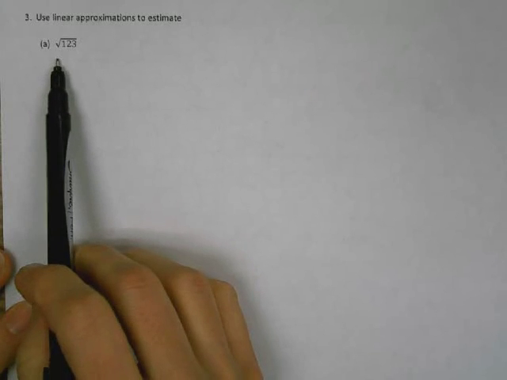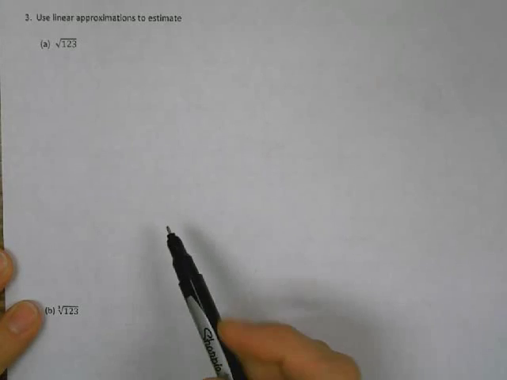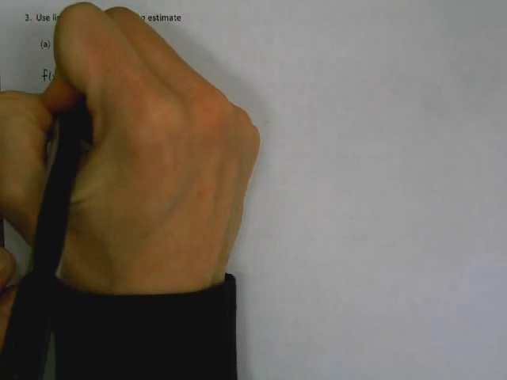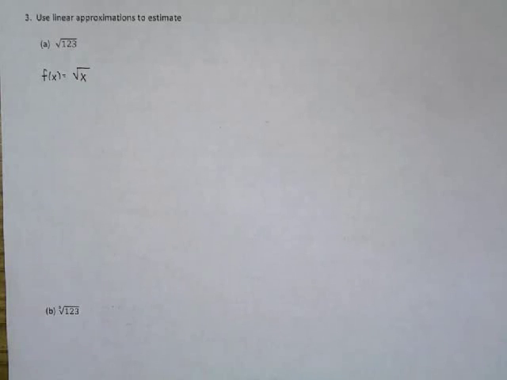So the first thing I need is a function. If I look, obviously I'm dealing with a square root here. So my function, my f of x, is just going to be square root of x. Now, I need to find a center of this approximation.